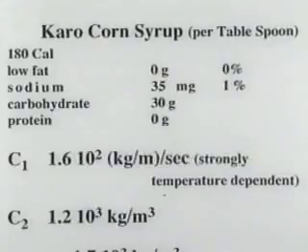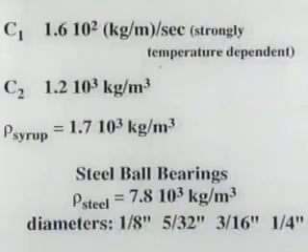I had to know C1, which I measured. In fact, for the kind of demonstration you and I will be doing today, you can derive it, but it's very strongly temperature dependent. Could be different yesterday from today. I measured C2 to a reasonable accuracy. Notice that the density of the syrup, in terms of kilograms per cubic meter, is very close to C2.